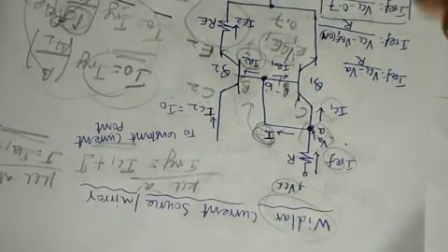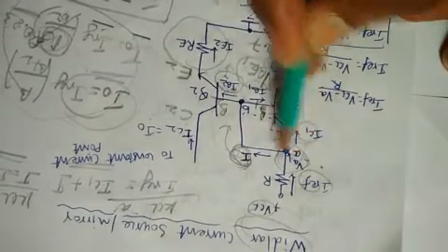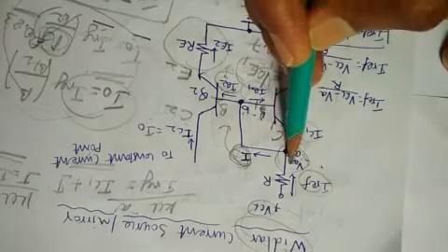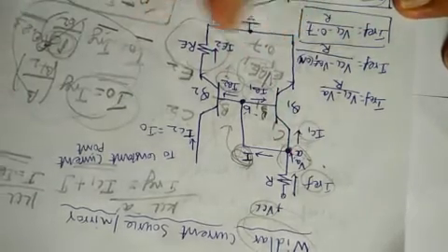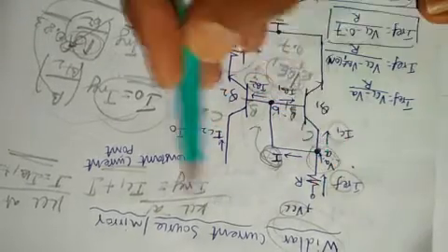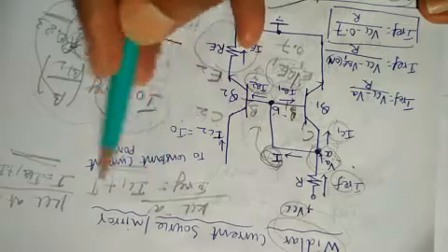And for analysis, we have to consider these two nodes, node A and node B, and we have to apply Kirchhoff current law for both the nodes. After applying Kirchhoff current law at node A, we have the current entering, I reference, equals the current leaving, that is IC1 and I here.